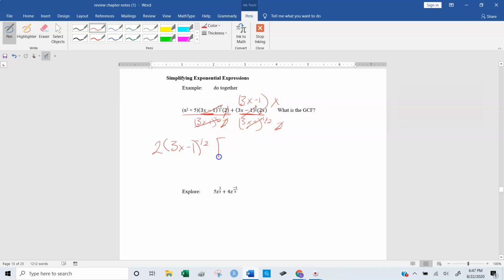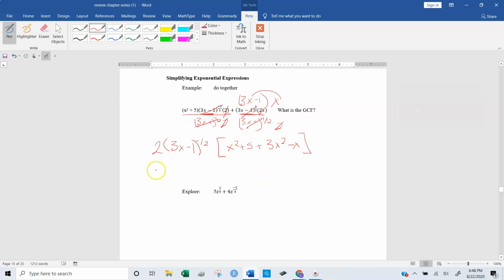So I'm going to put a bracket so I know what I'm left with. So on this term here, I am left with x squared plus 5. Not too bad. This term here, I'm left with 3x minus 1 times x. So I'm going to distribute that through, which says I have a 3x squared minus x left on this side.